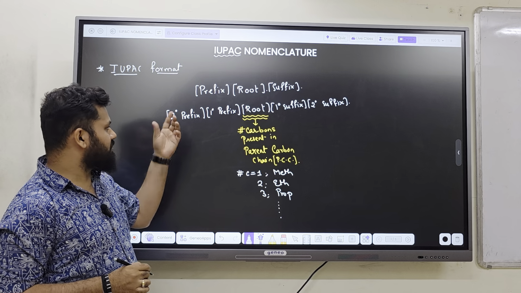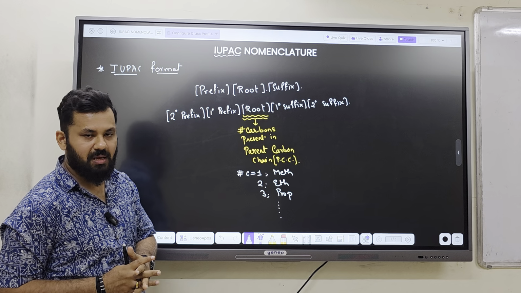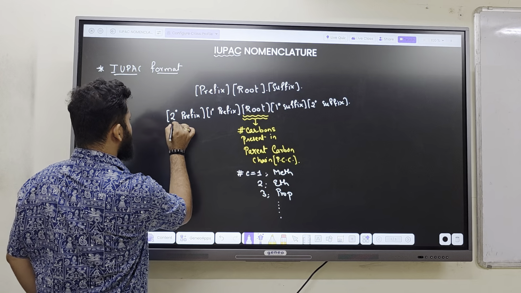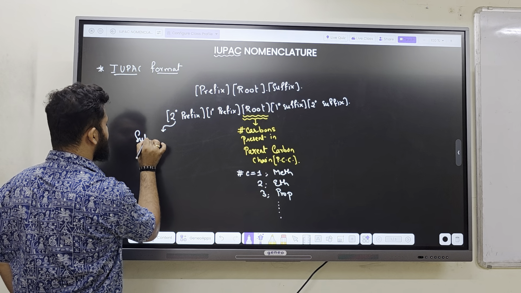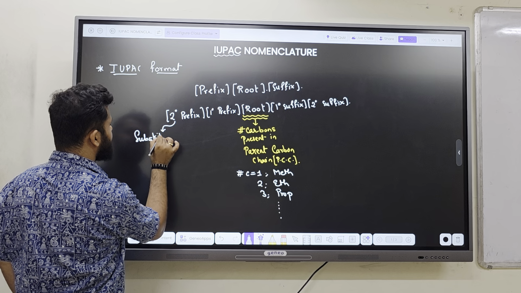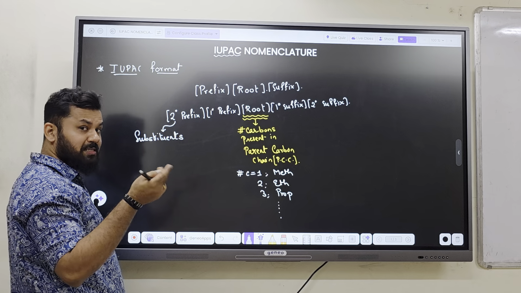The next part I am going to pick up is the secondary prefix. The secondary prefix tells us about the substituents. There might be more than one substituent.